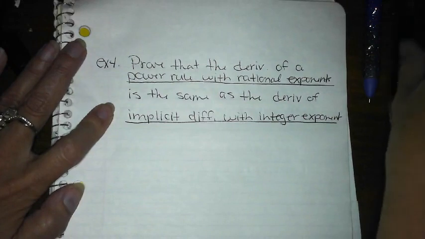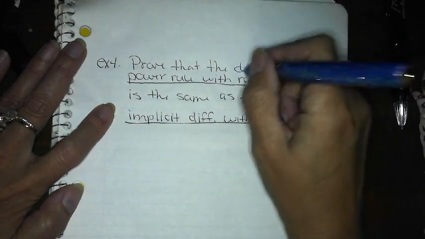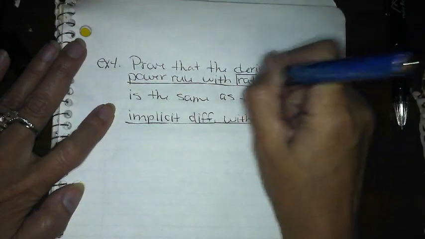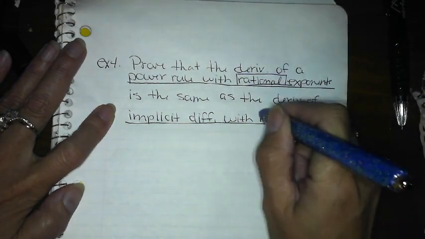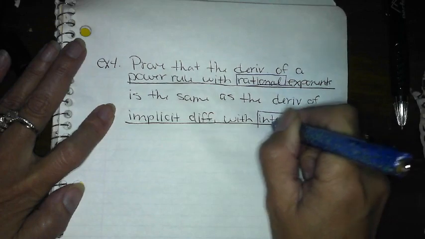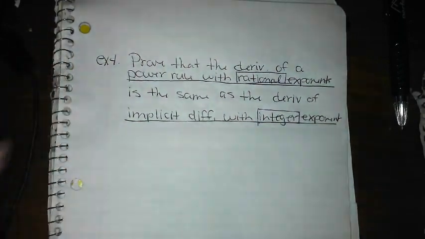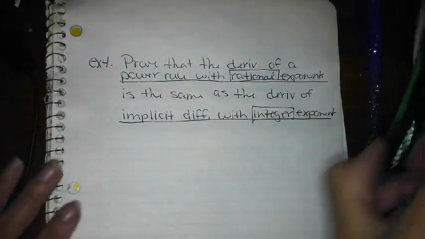Okay, so we'll be doing power rule with rational exponents and implicit differentiation with integer exponents. So here we go.